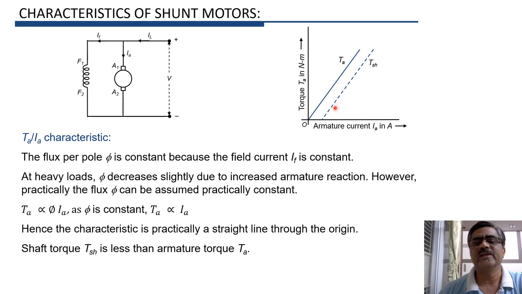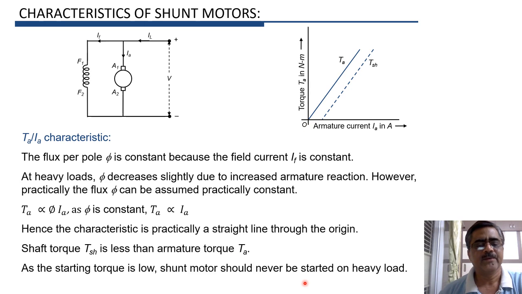So here TSH is shown by a dotted line, and TSH is less than armature torque TA. So here you have to remember that in case of DC shunt motors, starting torque TA is only proportional to Ia, and therefore starting torque is low, and therefore shunt motor should not be started on heavy load.